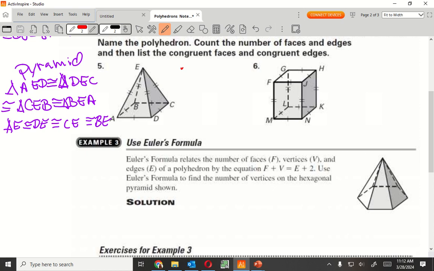Let's go with the single tick marks. Single tick marks would be down here. So we have AD congruent to DC, congruent to CB, congruent to BA.